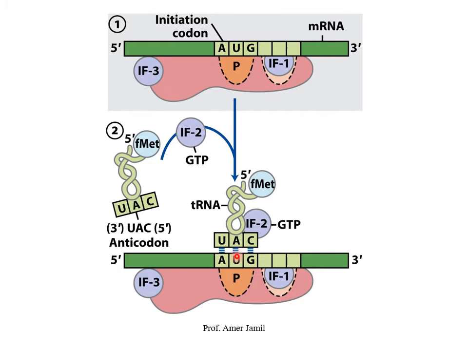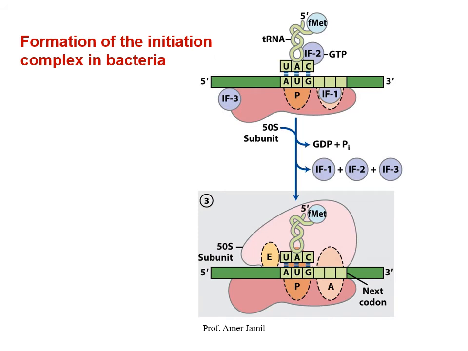So this whole complex forms: the initiating codon in the messenger RNA, and the transfer RNA containing F-methionine along with the anticodon and GTP. Now this GTP is hydrolyzed to GDP and phosphate, and all the initiating factors are released.